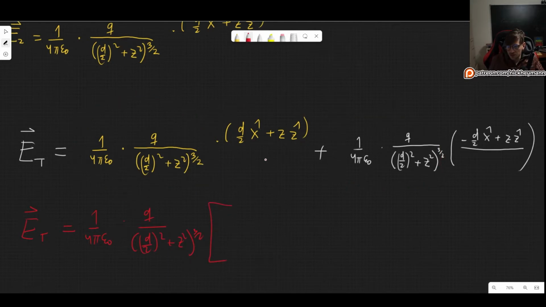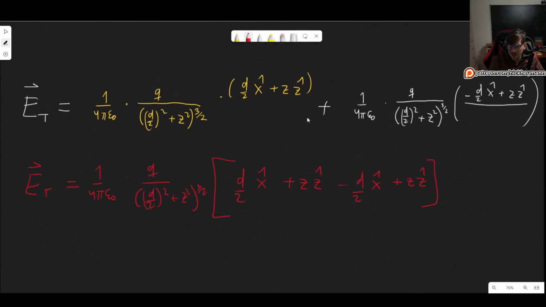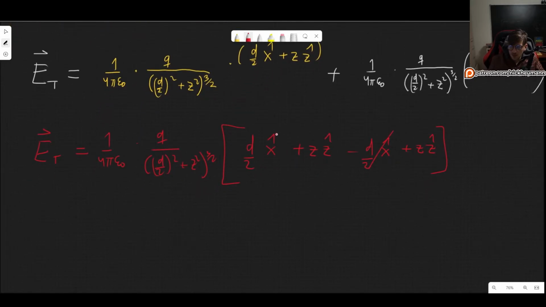And then we are left with this and this. So d over 2 in the x hat direction plus z hat, minus d over 2 in the x hat direction plus z hat. So as we can see, the components in the x direction cancel out, while the components in the z direction, they add up.